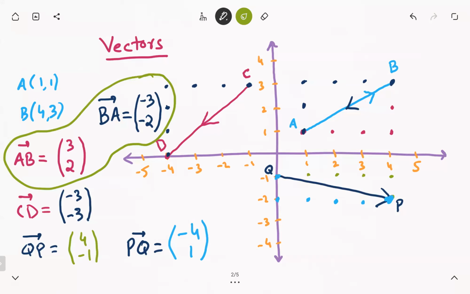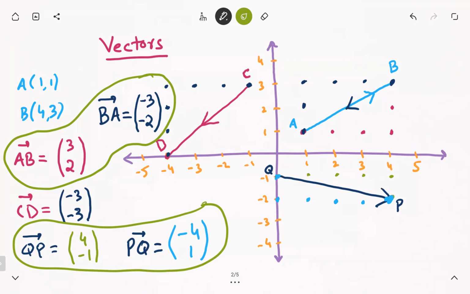See this one: your QP was 4, -1 and PQ is -4, +1. So signs are again opposite. So we can say that when we change the direction of a vector, the signs will be reversed. So if we reverse the direction of a vector, the signs will get changed.